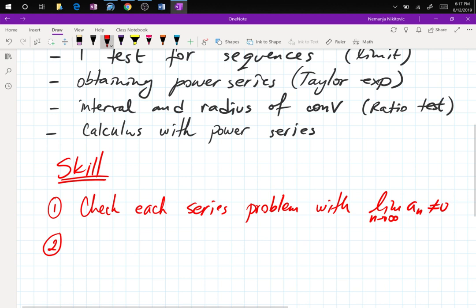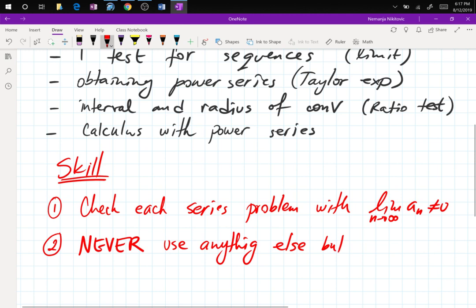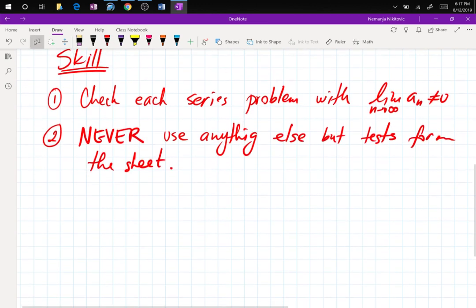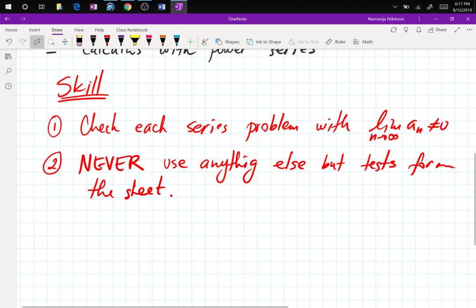Number 2, never use anything else but tests from the sheet. Please don't try to make up stuff. Now it doesn't work.